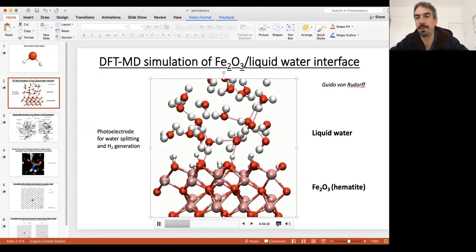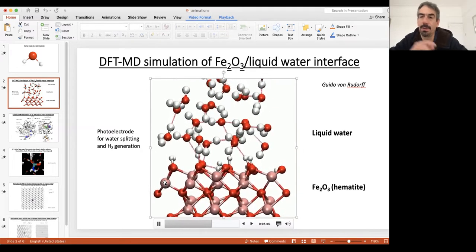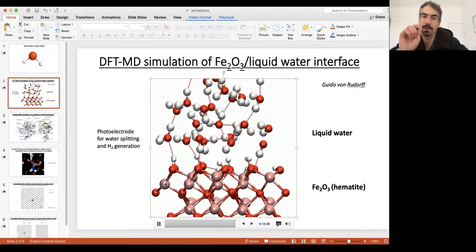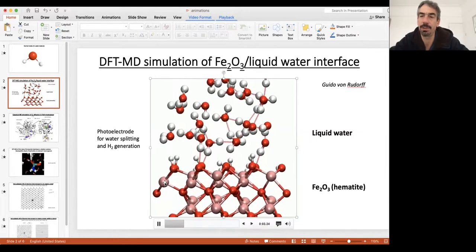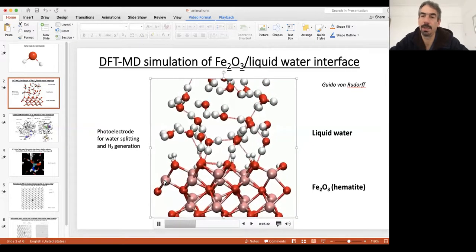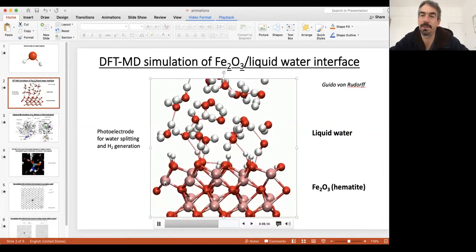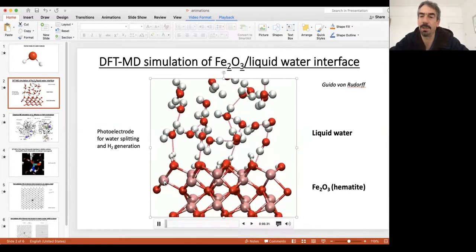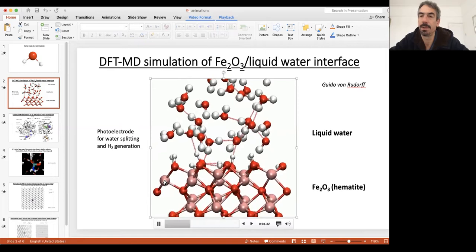Now you're using pseudopotentials. I don't know whether you have heard about pseudopotentials. So you're not solving the Kohn-Sham equations for all of the electrons of an oxygen or of an iron. That would be completely out of the question. So this is why you have pseudopotentials, right? For iron, for instance, you treat all the electrons with a pseudopotential except the valence electrons, the 3d electrons.